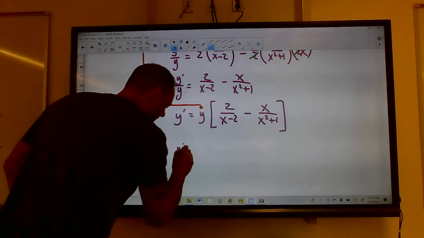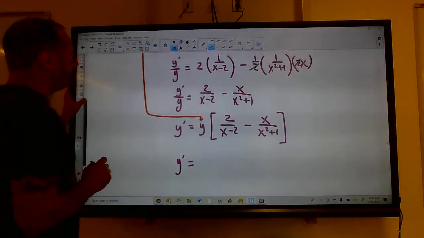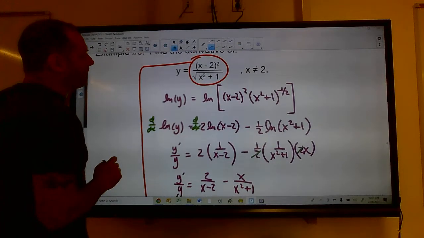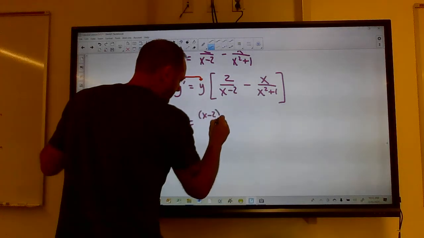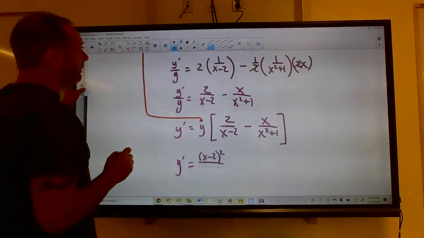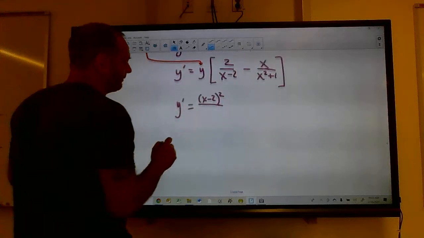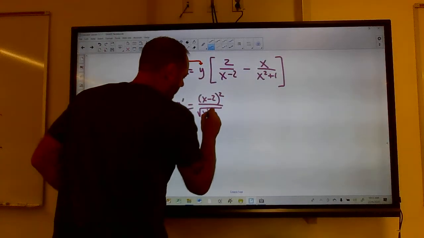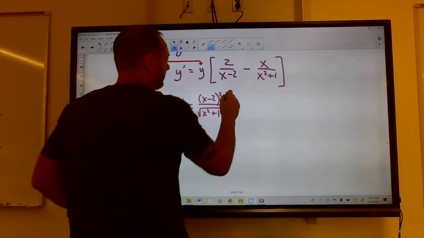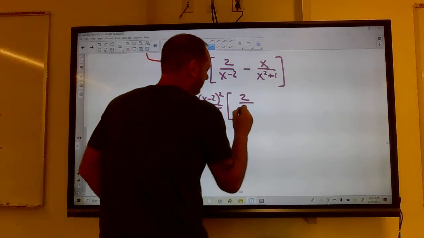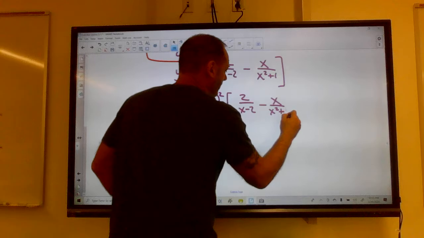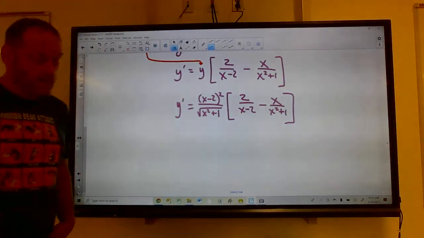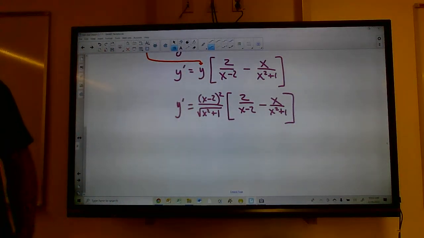So y prime, that's the derivative that we wanted, is x minus 2 squared over the square root of x squared plus 1 times this stuff right here, 2 over x minus 2 minus x over x squared plus 1. And now we have a derivative.